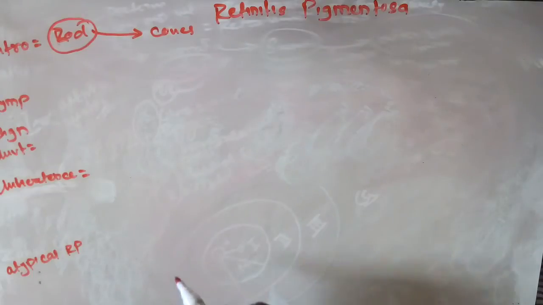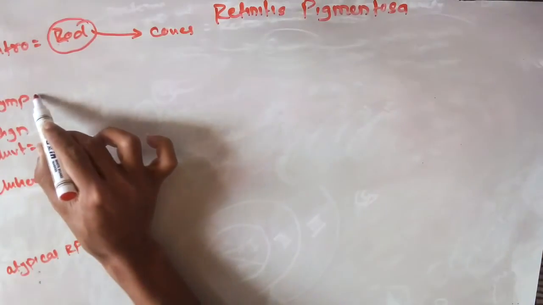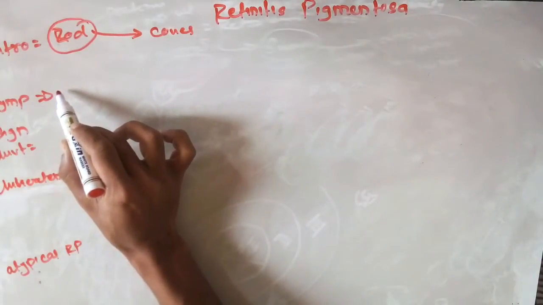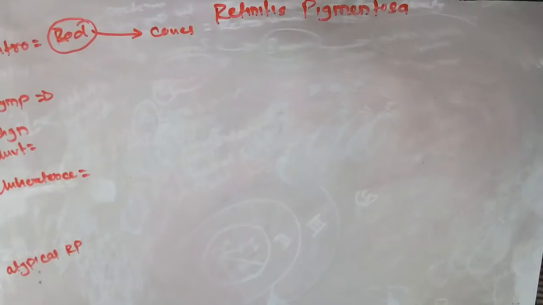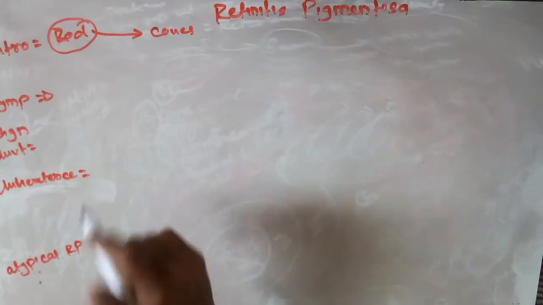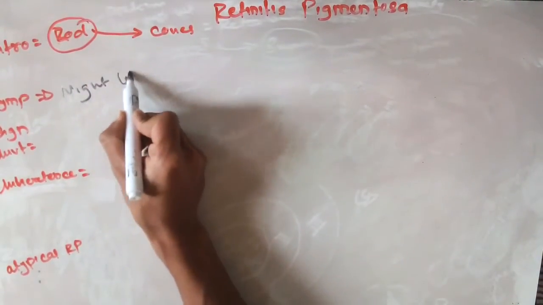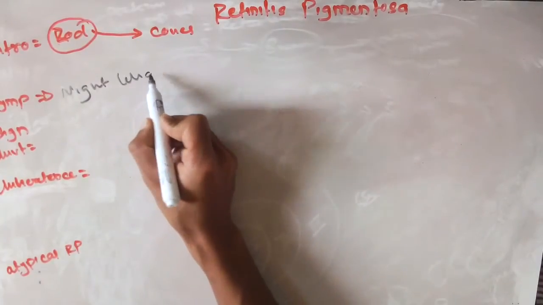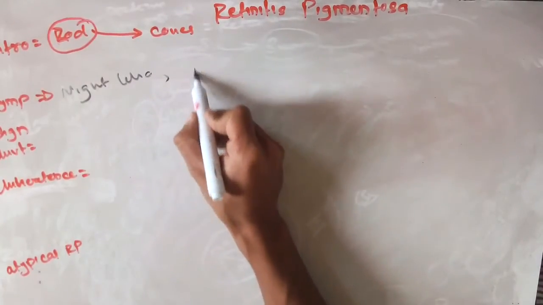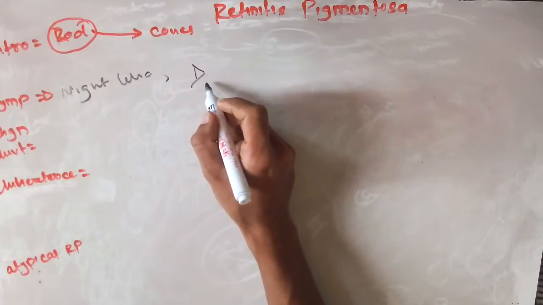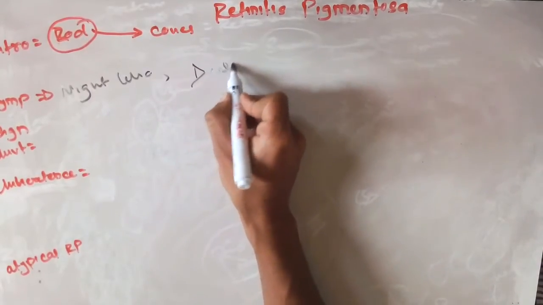And how do they present? Since the rods are affected, the first and most clinically significant symptom will be night blindness. After night blindness, in dark adaptation you can also see their light threshold is very much increased.